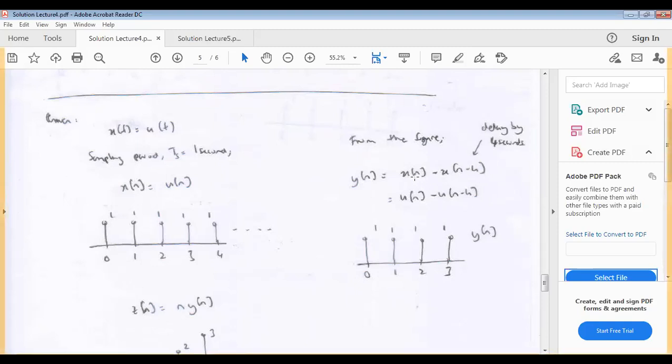So the subtraction of un and un minus 4 leaves only 4 impulses, at n equals 0, 1, 2, and 3. The rest will be 0 due to this subtraction. We discussed this issue in yesterday's problem, so un minus un minus 4 is left with only these 4 impulses at the respective n values.